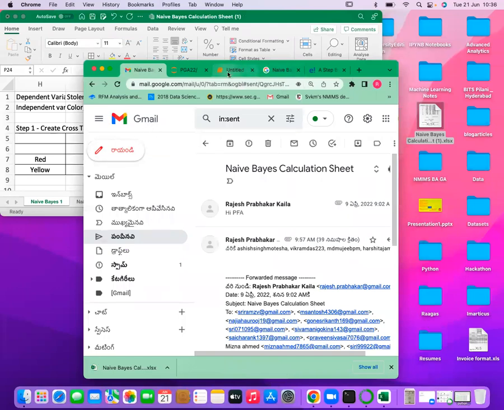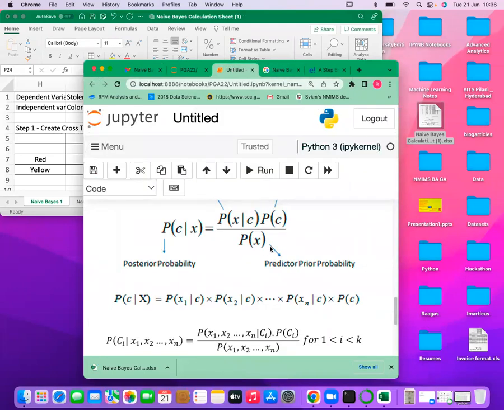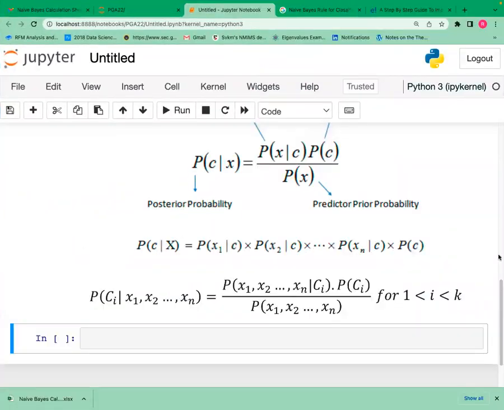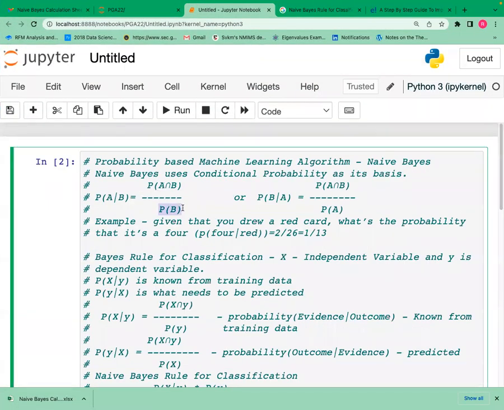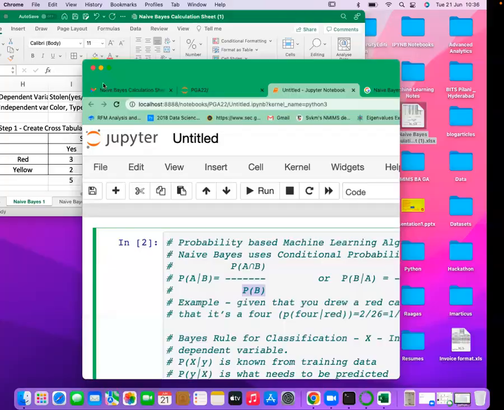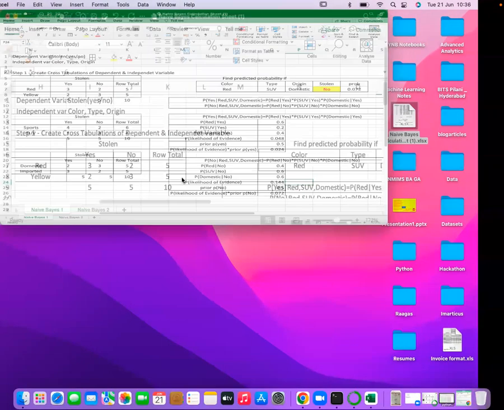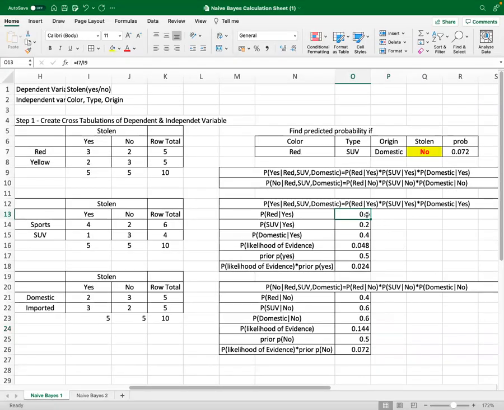No, no, I'm missing the formula somewhere. Conditional probability, the formula is probability of D, not probability of A. This is probability of D, which means you have to take the row total only. So we have to take the row total only.